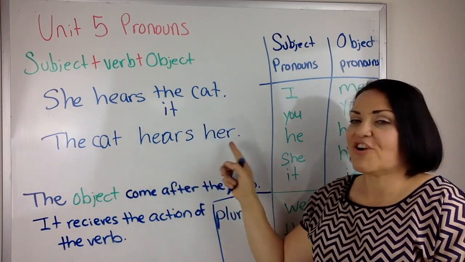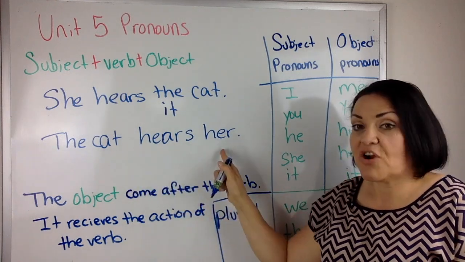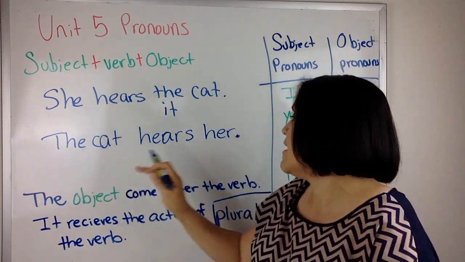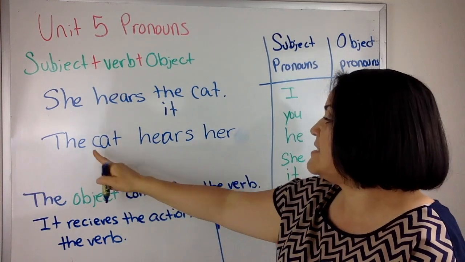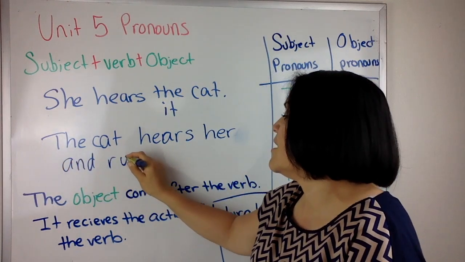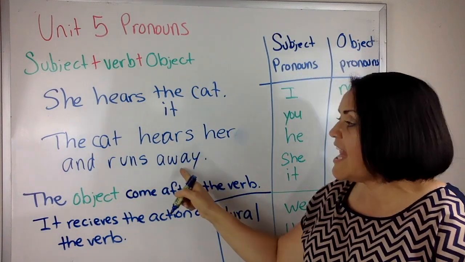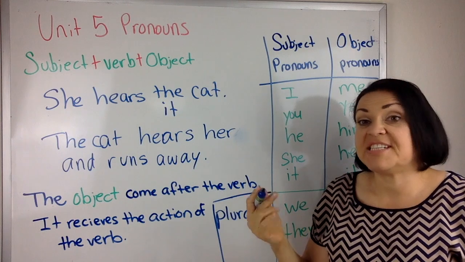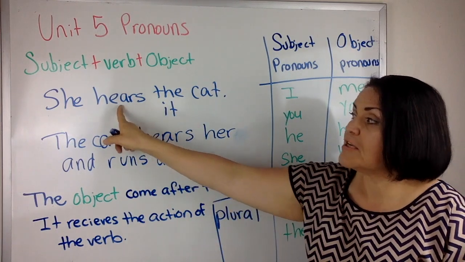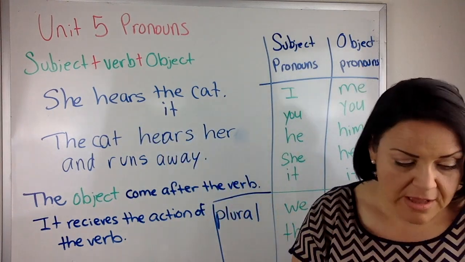The cat hears her. She could be yelling. If I were to make a longer sentence, the cat hears her and runs away. Why would the cat run away? Because maybe she's scary or very loud. So remember, as long as the verb's here, you would use any of these object pronouns.